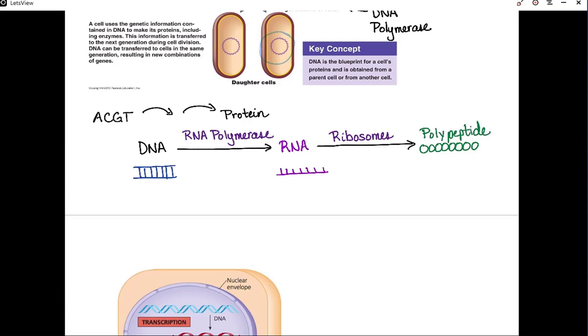And other forces occur where that polypeptide is then going to fold itself up into secondary structure, tertiary structure, and potentially quaternary structure. And once you have a 3D folded polypeptide, that is a protein.